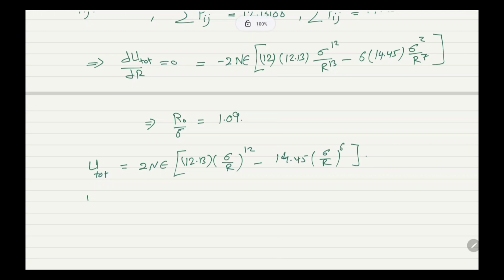At equilibrium, when R equals R naught, U total is equal to minus 2.15 n epsilon.